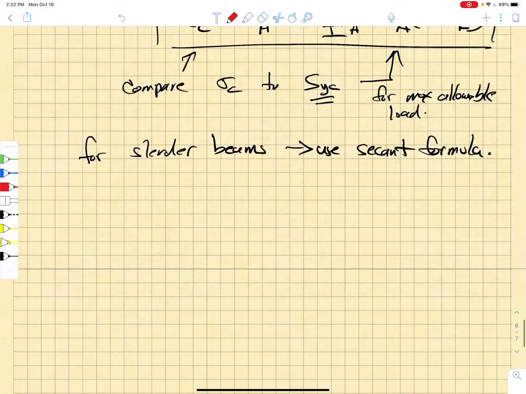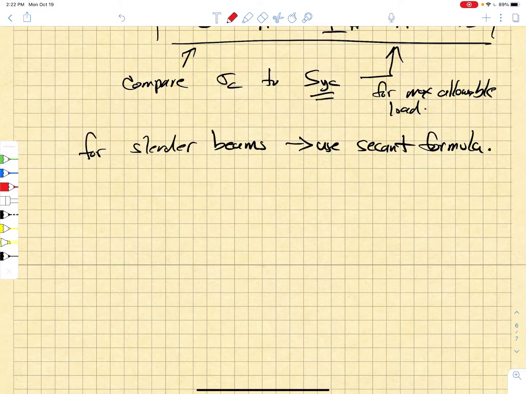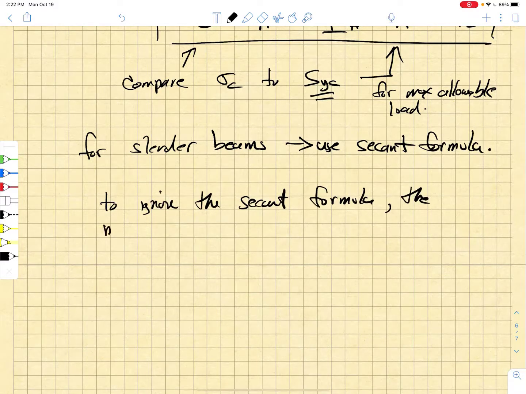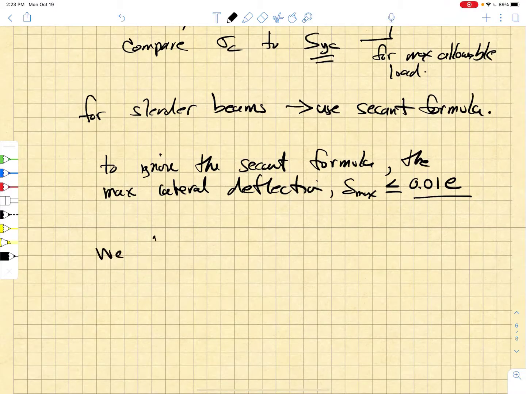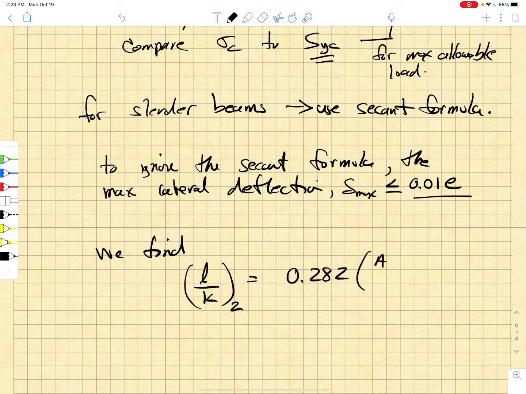And it turns out that if you solve for the deflection, so the condition to ignore the secant formula, the max lateral deflection, delta max, has to be less than or equal to 1% of the eccentricity. If you use that condition, we find, if we plug into the deflection equation, that the L/K ratio, we're going to label this sub 2, is equal to 0.282 AE over P to the 1/2 power, where A is the cross section, E is the elastic modulus, and P is the applied load.